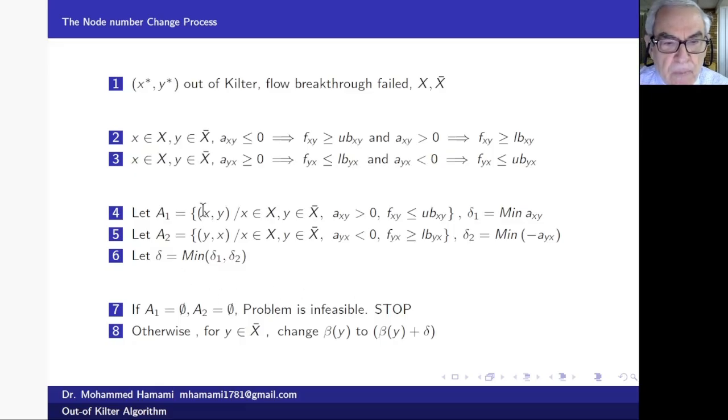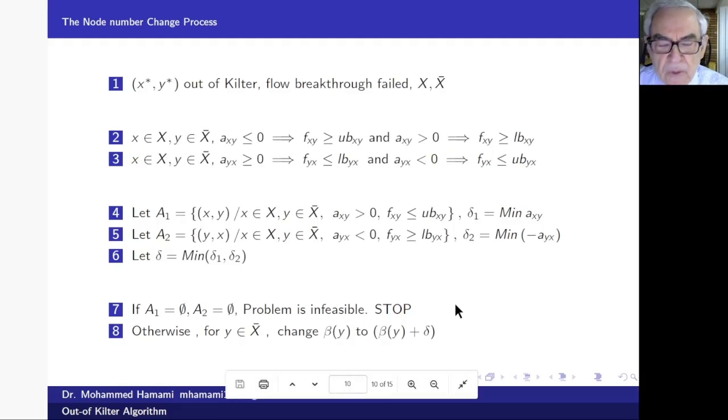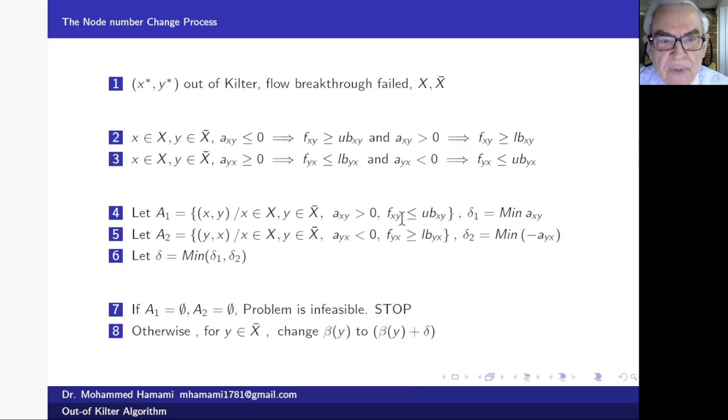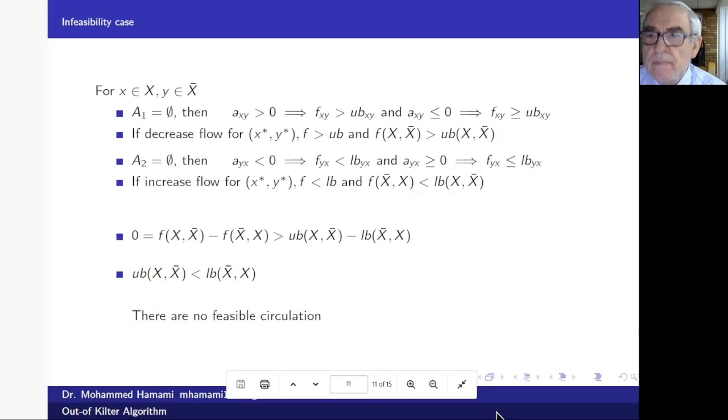And two, if either one is non-empty or both are non-empty, then this change we made to the node numbers did not increase the Kilter numbers. Remember, the most important thing in this algorithm is that the Kilter numbers remain the same or decrease. They do not increase.